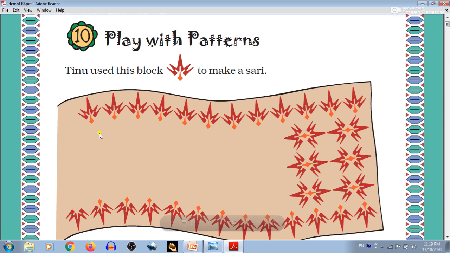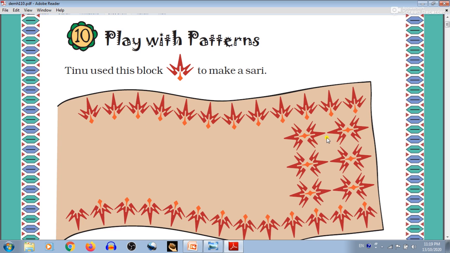Pattern is all about the arrangement of a picture or some shape to make a special arrangement. So here you see this special arrangement or particular design.